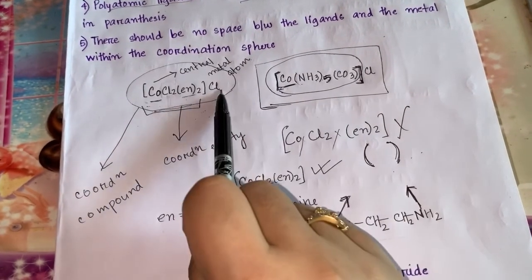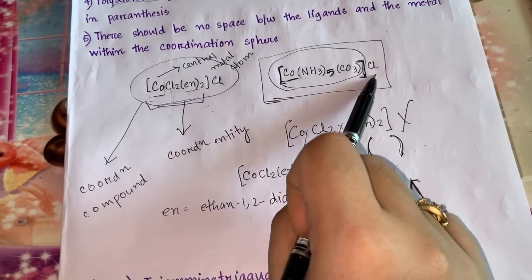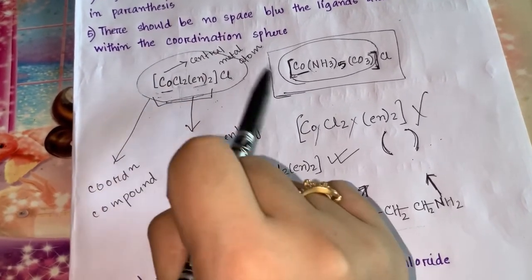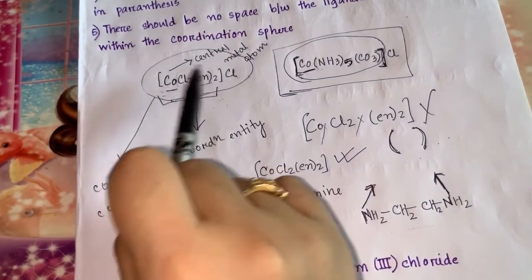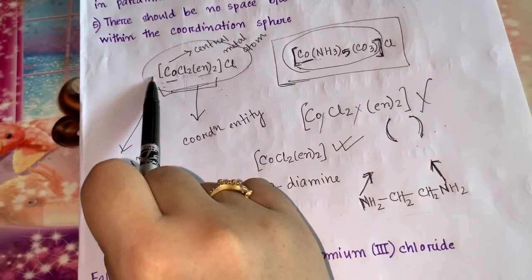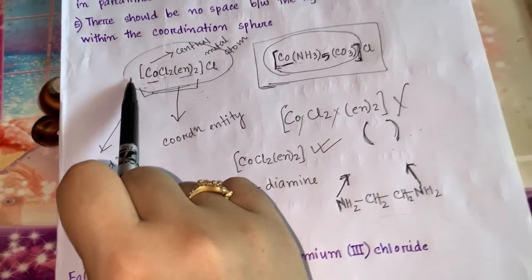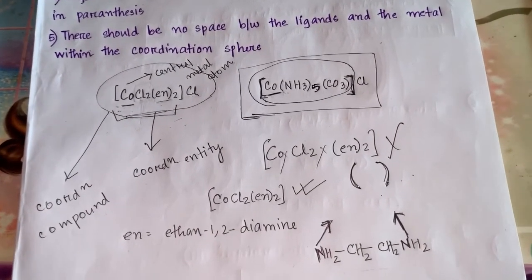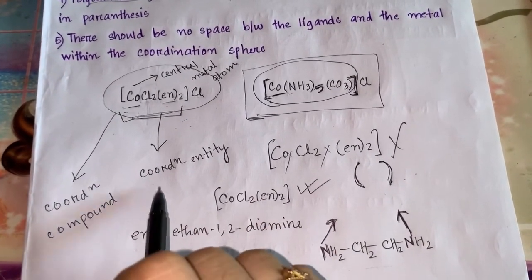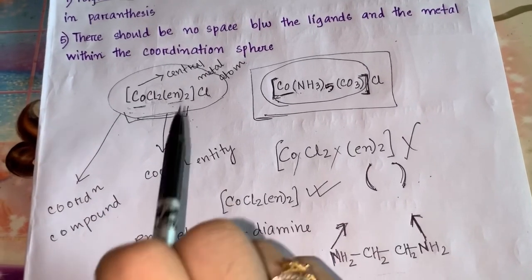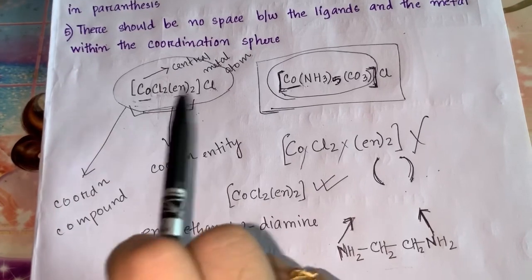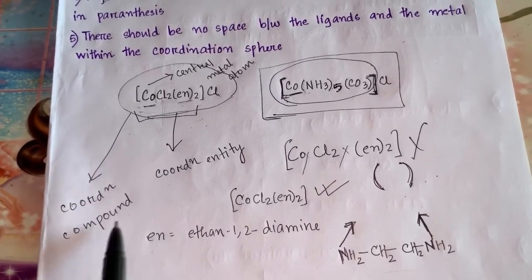Here we have taken both the compounds where an anion is present. Sometimes this coordination entity can be the anion, and the leftover can be the cation. We will be observing that in the next examples. So yes, the one present within the square bracket is called the coordination entity, and the overall total compound is known as the coordination compound.